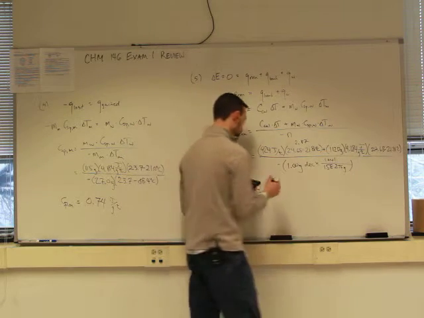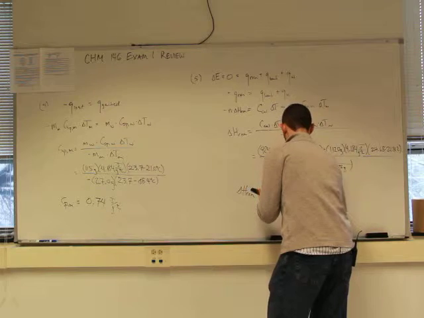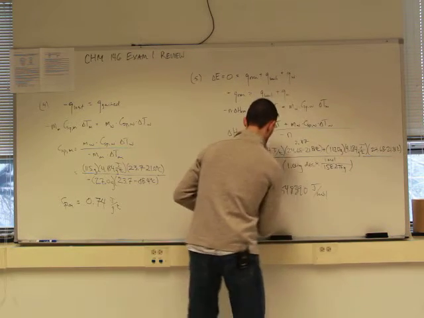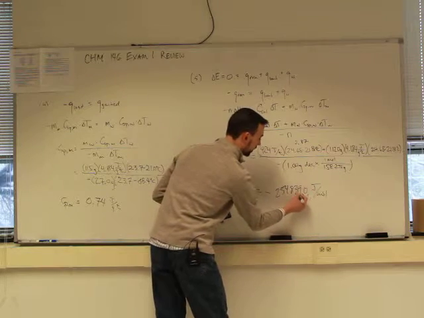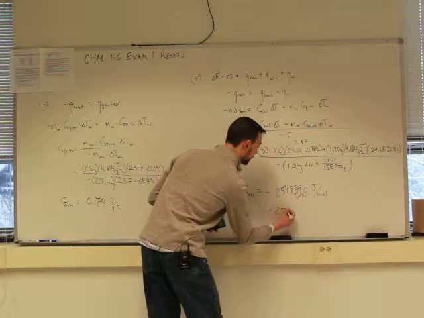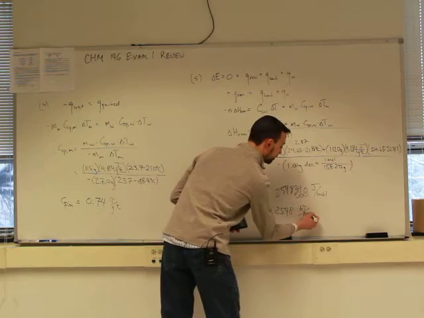And I get a huge number here, 2548390. That is joules per mole, or in a kilojoule scale, because we often express these in kilojoules, this would be negative 2,548 kilojoules per mole.